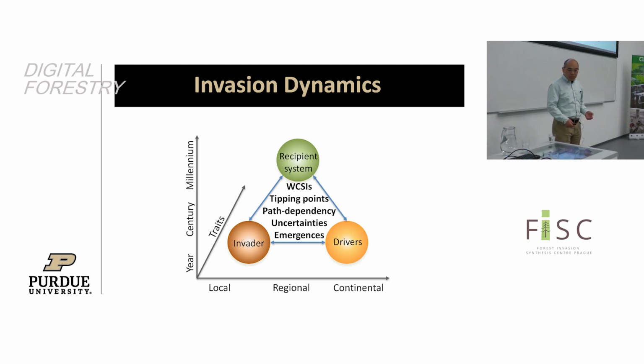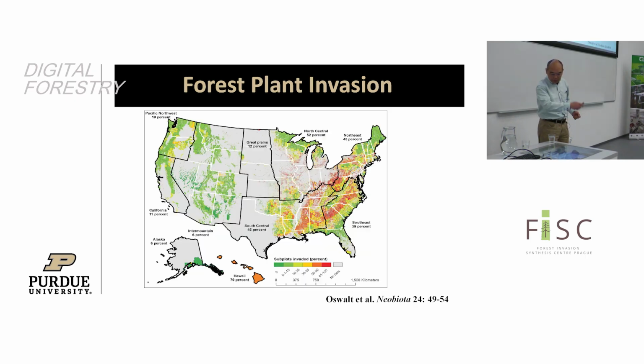Since then we have worked on quite a few things, and oh, this is backward. Okay, this way. We were lucky enough to be able to get a bunch of data and work on a few things. The first one is that we have mapped the national distribution of invasive plants across the U.S. This is the first publication ever to give a big picture of the invasion.